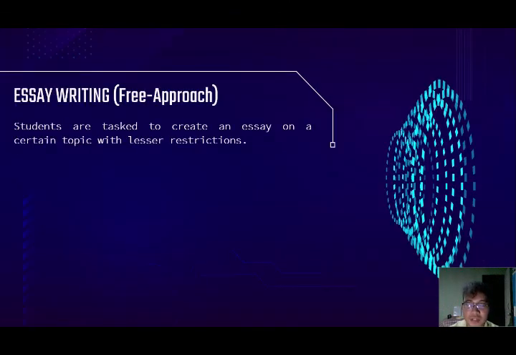Okay, so I think that's all. Those are the things that I could share with you on the idea of controlled approach to free approach. Again, the importance of the controlled approach is that it will let the students expose themselves to the techniques and the rules of a certain lesson, especially in subject-verb agreement.